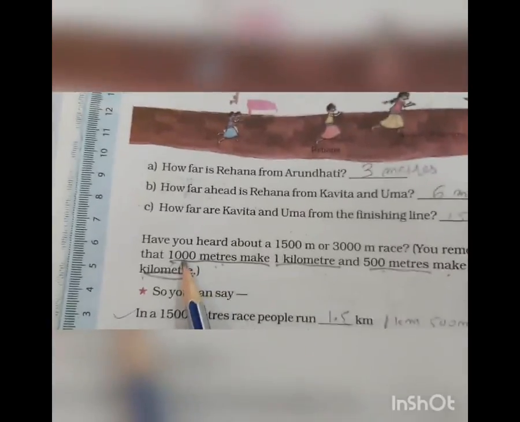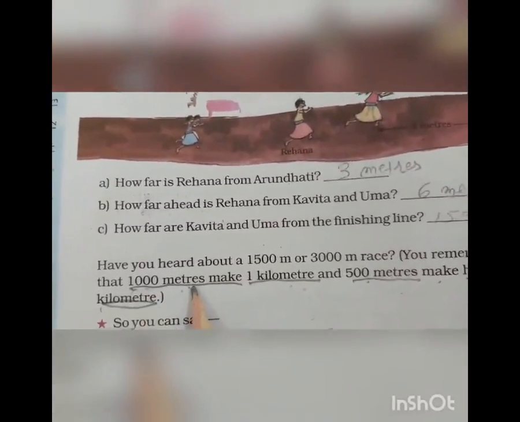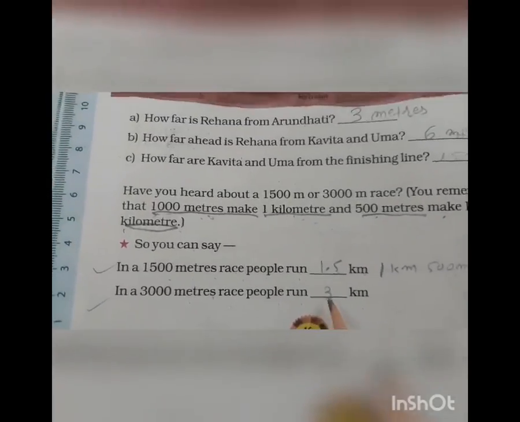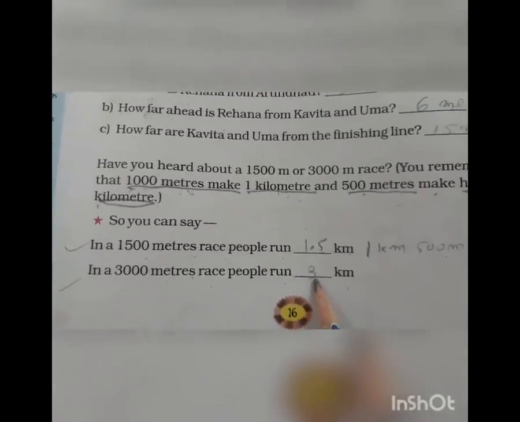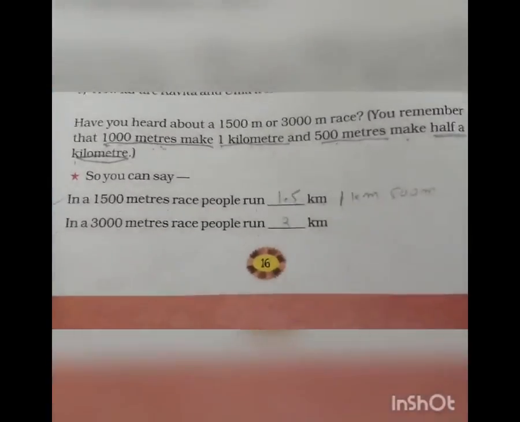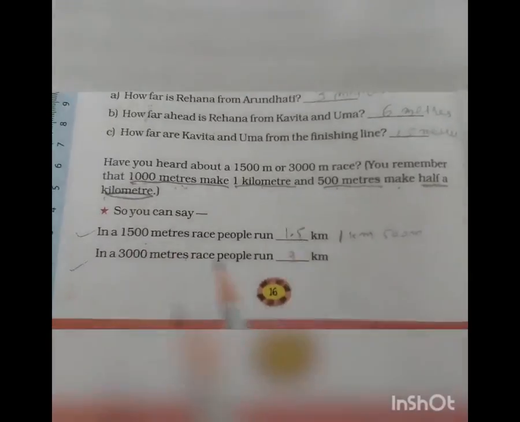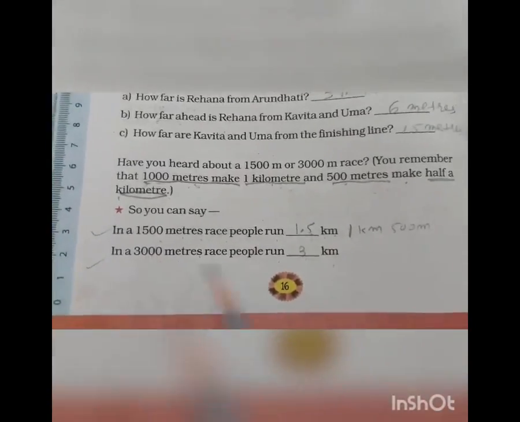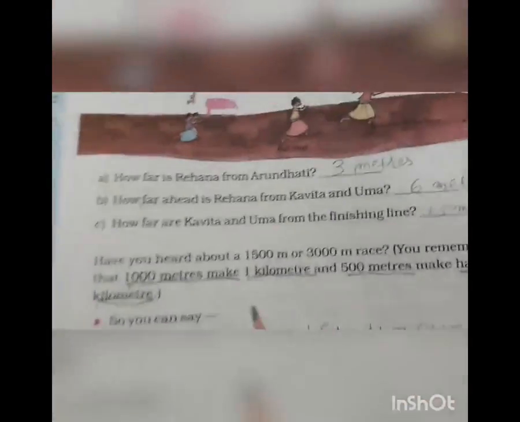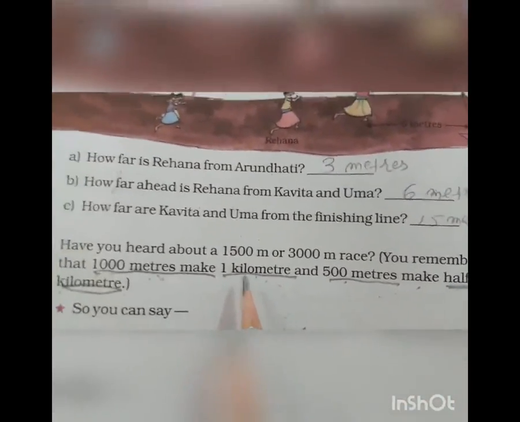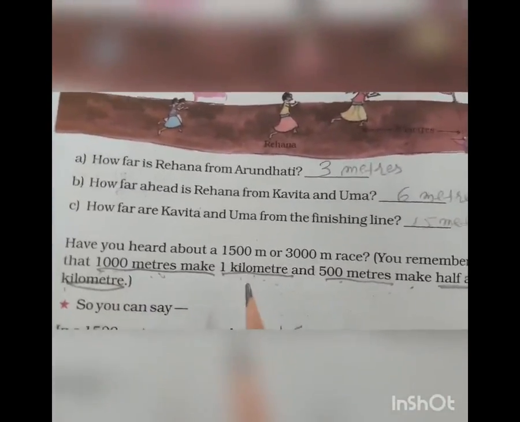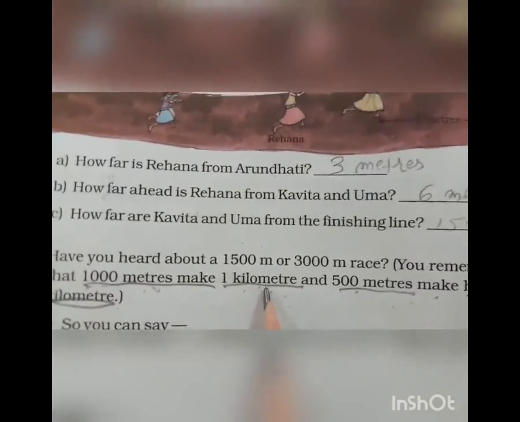You know very well, 1000 meter equal to 1 kilometer. Therefore 3000 meters equal to 3 kilometer. Okay, so this way you have to convert from meter to kilometer. You have to remember first, 1000 meter equal to 1 kilometer. This is the important thing you must remember.